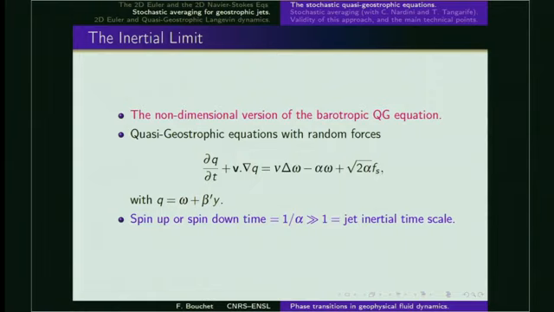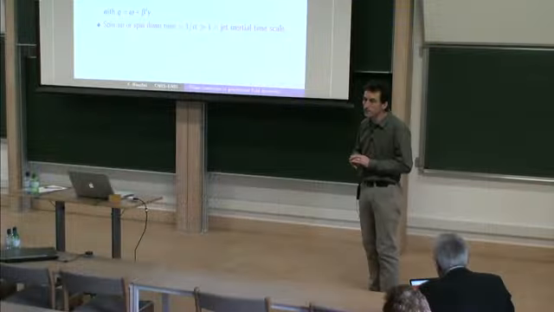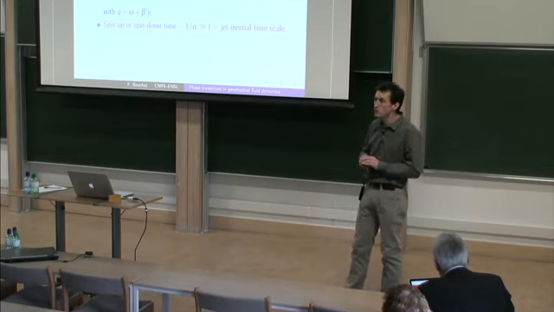Yes? So, am I to think of the forcing as coming at an intermediate scale and damping at a very large scale? Exactly. Damping of energy will be on the large scale, and damping of entropy will be on the small scale. And here we have a forcing which is at an intermediate scale, as you say, but it is not so important.